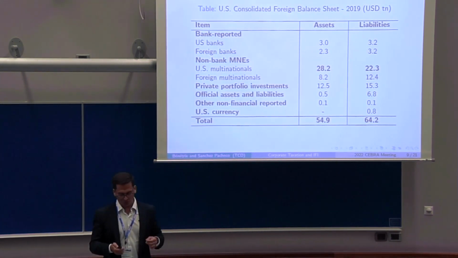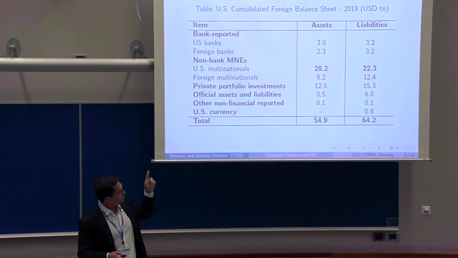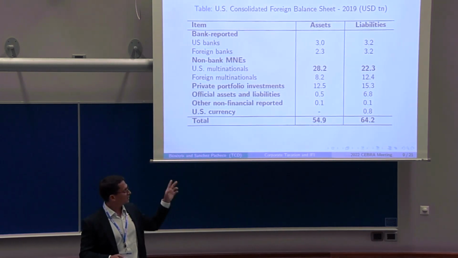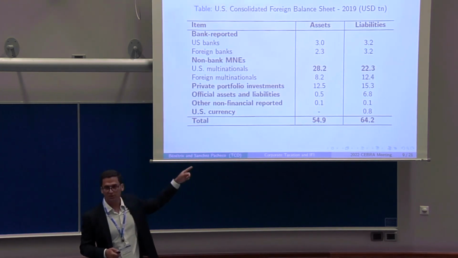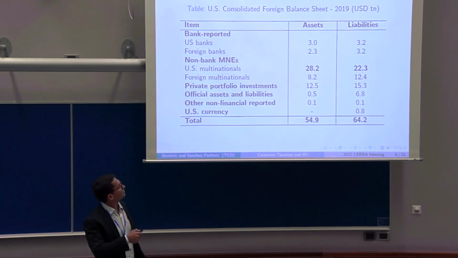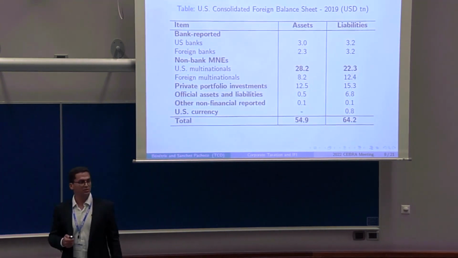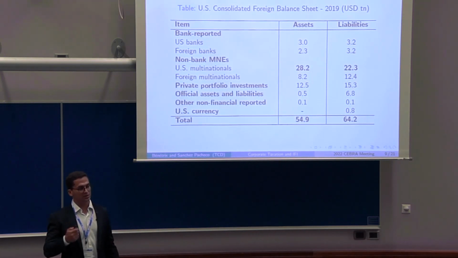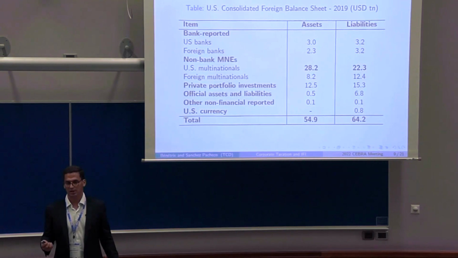The second thing is the magnitude of US non-bank multinationals. In 2019, we estimate that US consolidated by nationality foreign assets amounted to $55 trillion. Of that total, 28 trillion are associated with the activities of US non-bank multinationals. So these companies represent the single largest source of US international financial integration at the end of our sample.